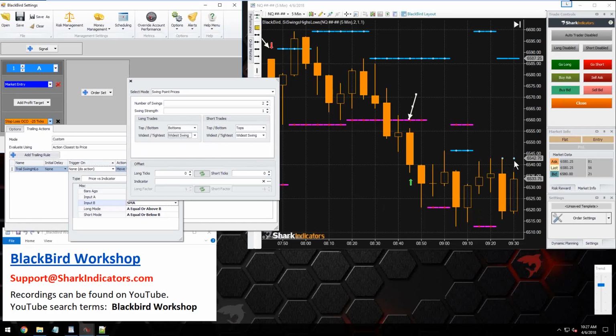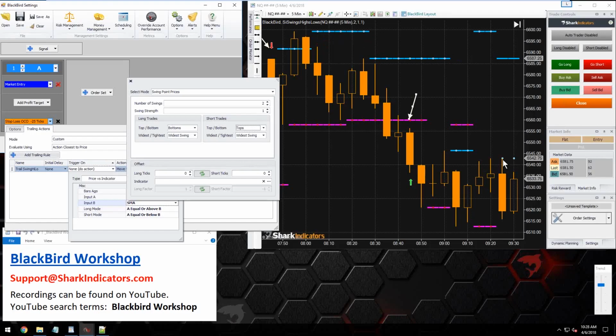And let's see over here. Now we can see the dots. You see the two blue dots. That's representing the tops, or the swing highs. We can see the dashed blue line is marking the swing highs, and we can also see that there's a dot on top of these sometimes.